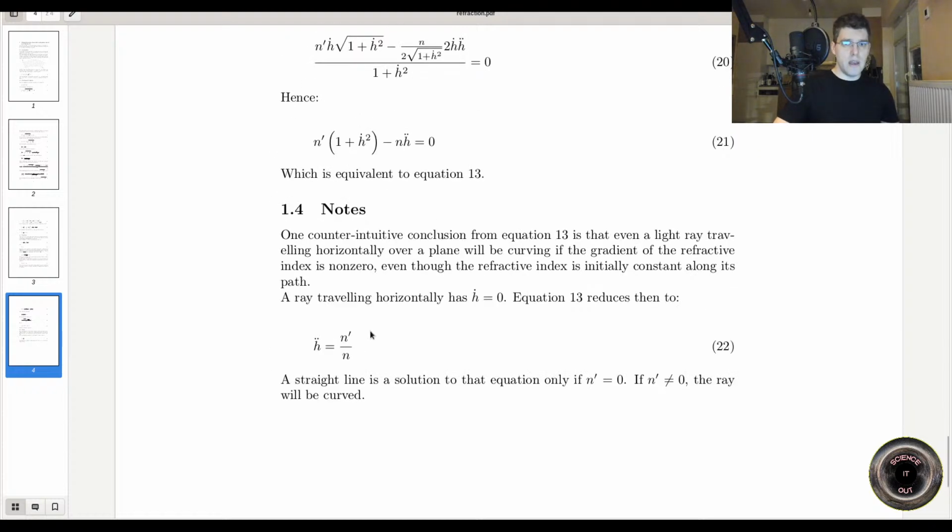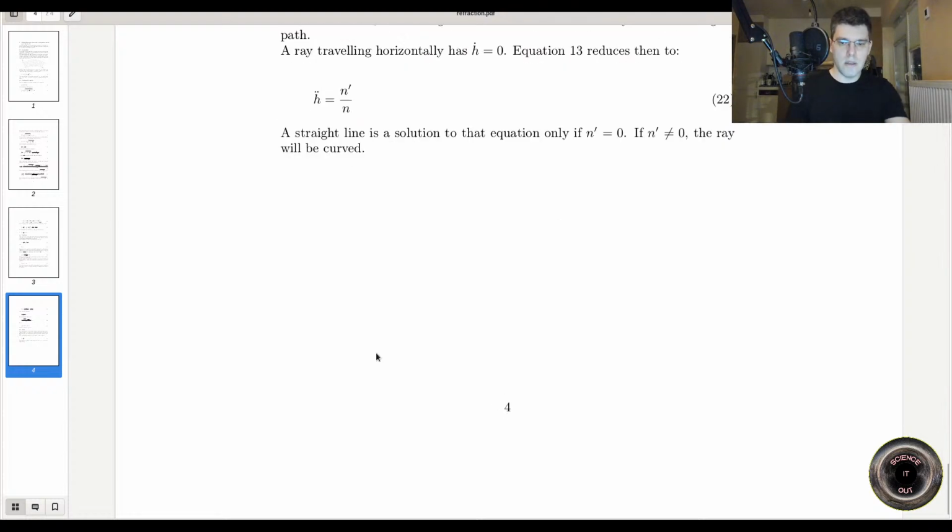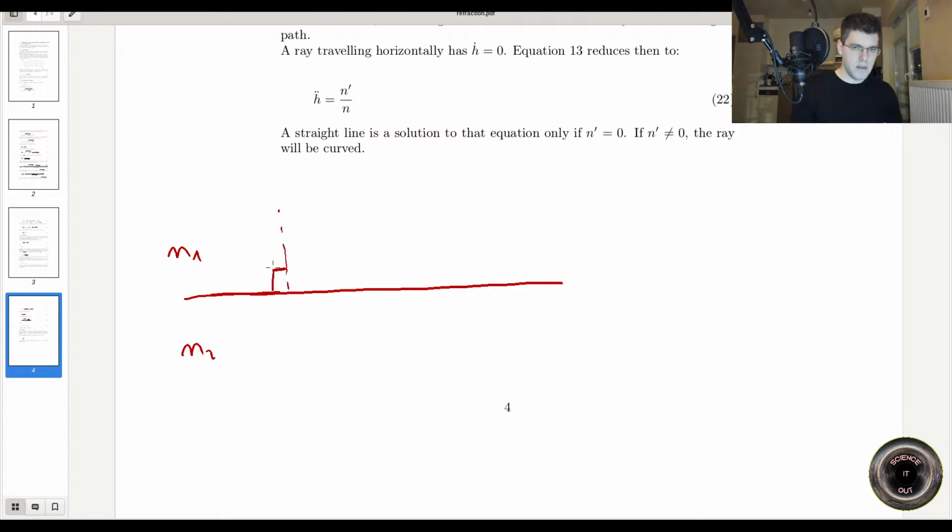Now just a final note: sometimes people argue, and this is the case that I was talking about in the beginning, that Snell's law says that if we have a boundary, with n1 here and n2 here, and the light ray travels precisely across the boundary, so the angle of incidence is 90 degrees, then why should this light ray go either way, or should it just travel along the boundary?